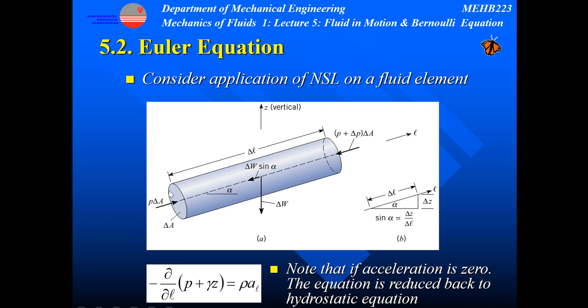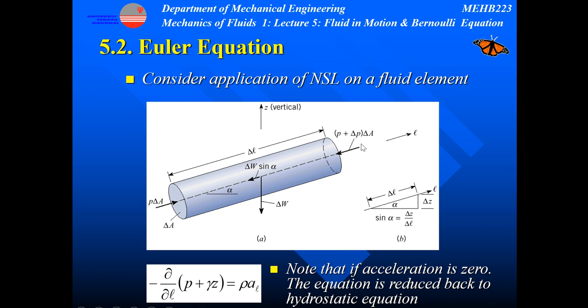So please consider a fluid particle that has a cylindrical shape. So this fluid particle is inclined at an angle of alpha, and it is directed in the L direction. So on this side we have a pressure force. So this pressure force is pressure times area, where area is the cross-sectional area.